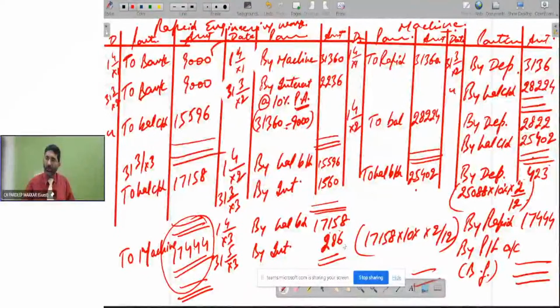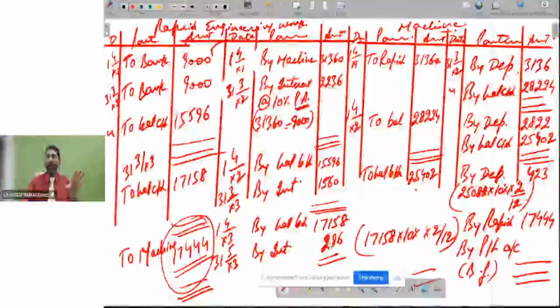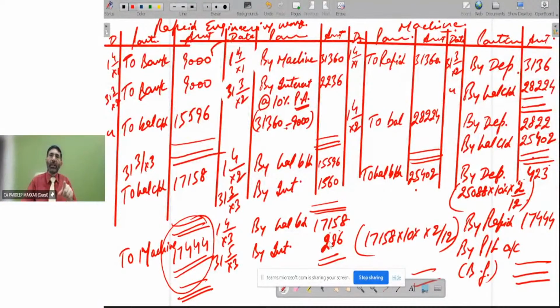Someone is saying it should be 17,158 or 156. You may check it out, whatever it is. Calculation is your part, but do it very sincerely. You have the calculator with you. Just try to use the calculator in a proper way.